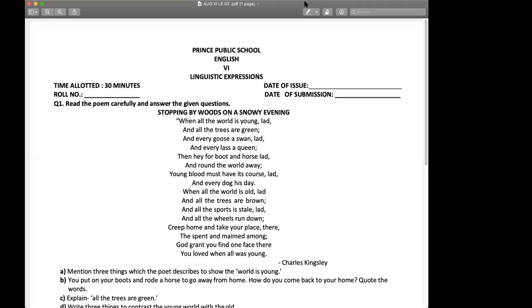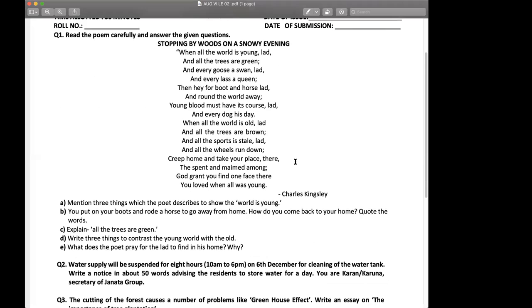I have to do the second one. This one. Yes, tomorrow is a holiday. This is a poem about the difference between young and old. I'm discussing the answers very fast so that you can do it.